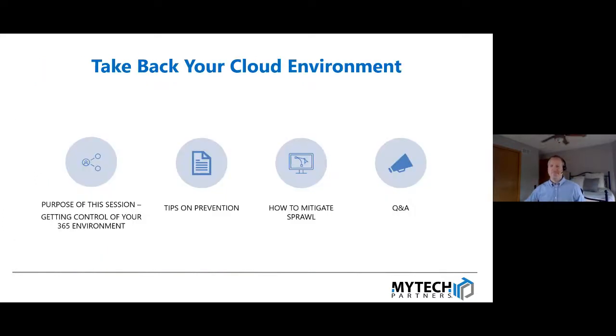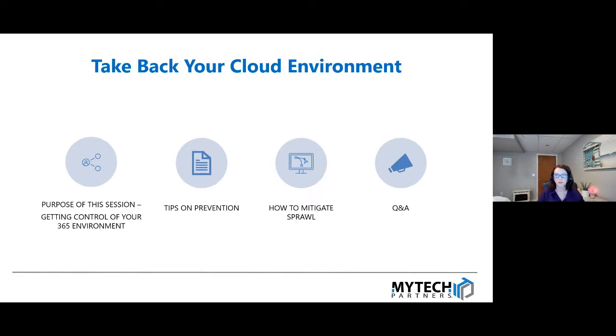Thanks, Nate, and welcome everybody to Take Back Your Cloud Environment today. So just a quick look at the agenda for today. The purpose of this session is really to get control of your 365 environment. And as Nate alluded to earlier, why is that actually important?